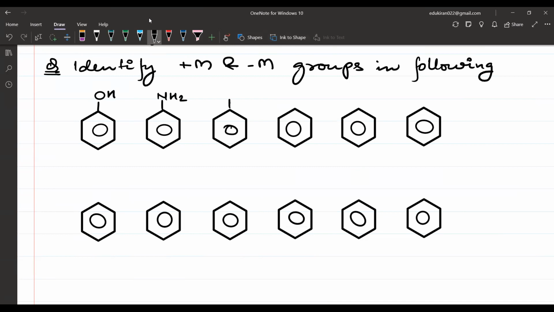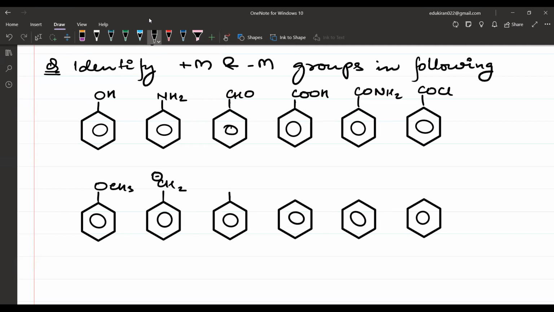you can have CHO, you can have COOH, you can have CONH2, you can have COCl. What else you can have? You can have OCH3. What else you can have? You can have CH2 negative.